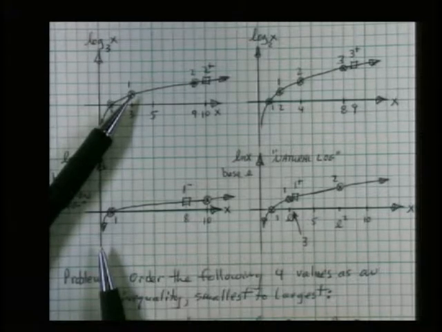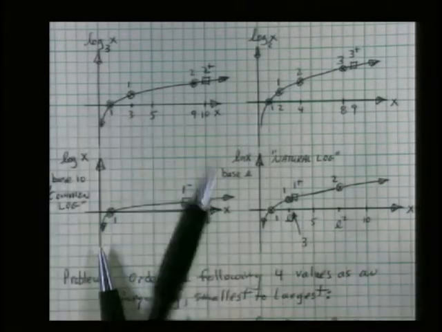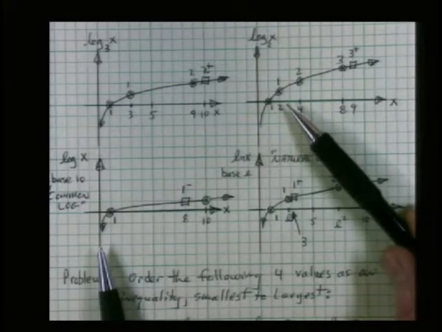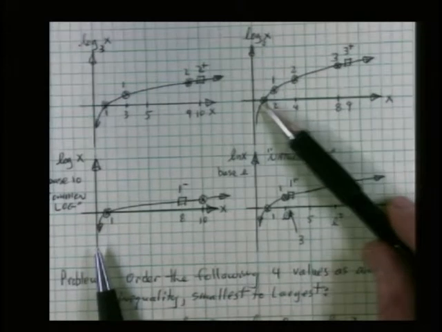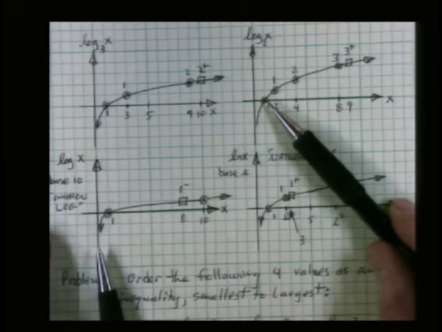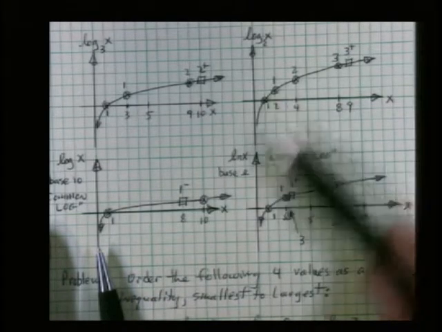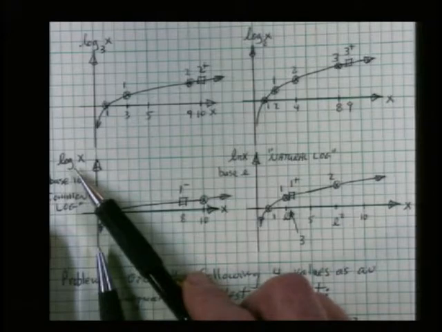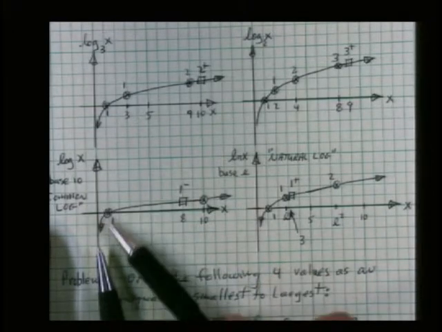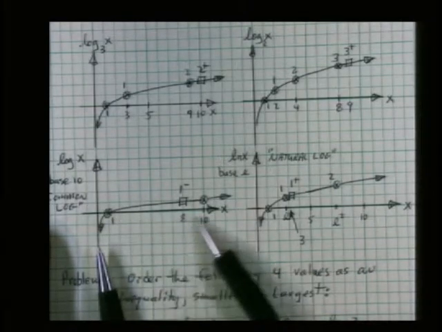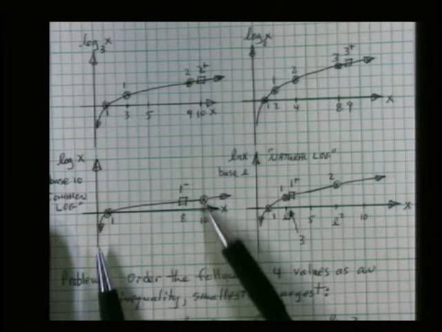Look at the log base 2 of x. Here you only have to come out to x equals 2 to see a height of 1. Look at this one down here, the base 10 graph, the common log. You have to come clear out to 10 to be up to 1.